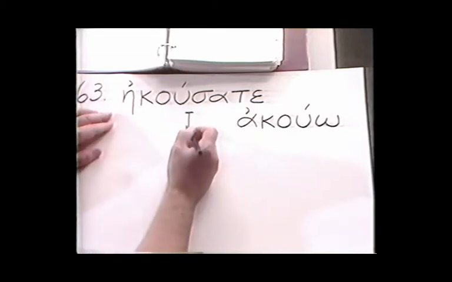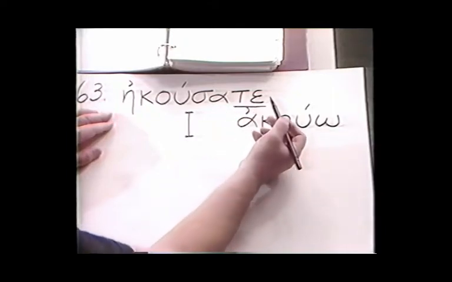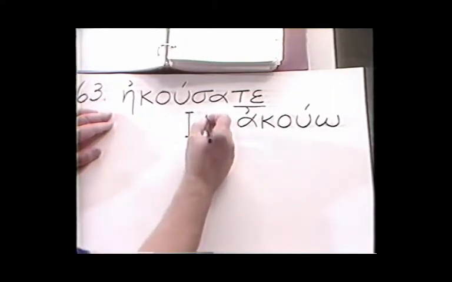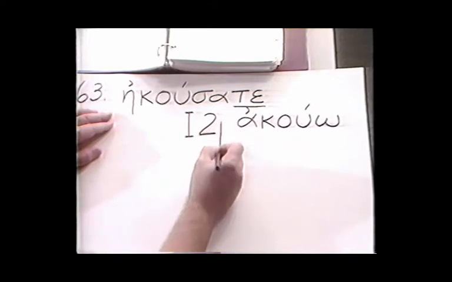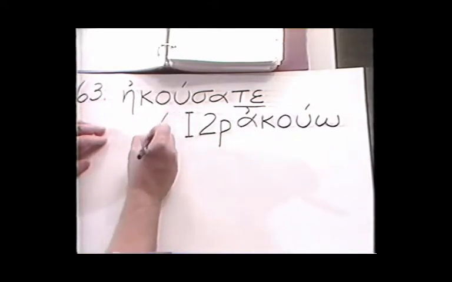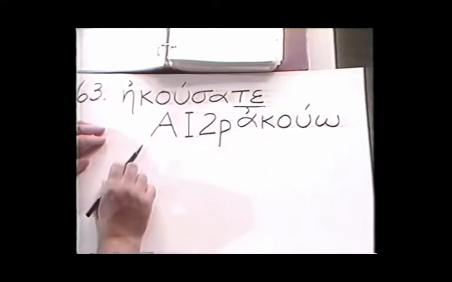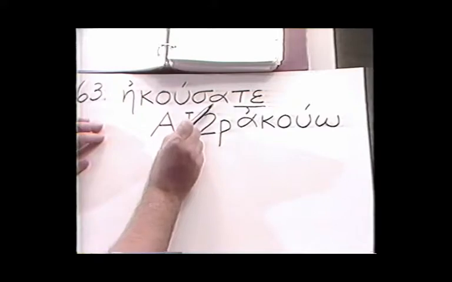Now let's go to the back part of the verb and identify our personal ending, te. What person and number is te? Well, it's second plural. It is also an active ending. We look in front of the ending and we see an alpha connecting vowel and a sigma tense indicator.